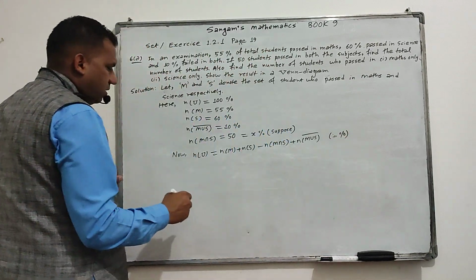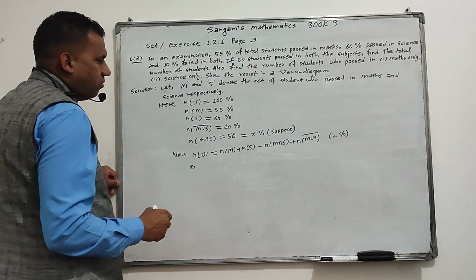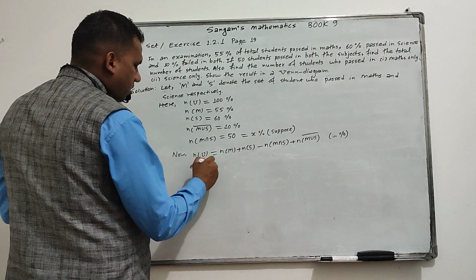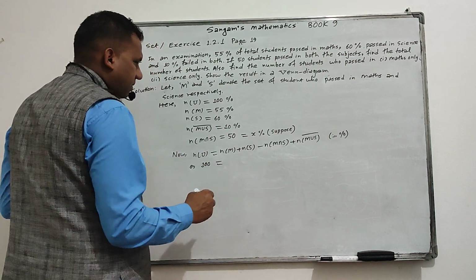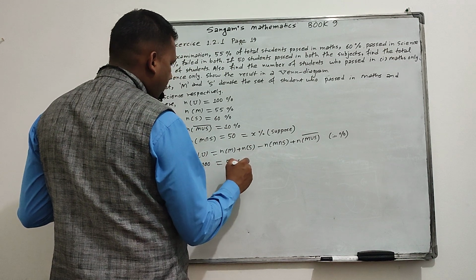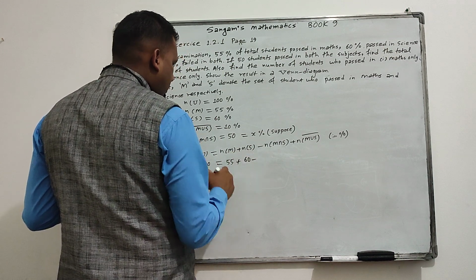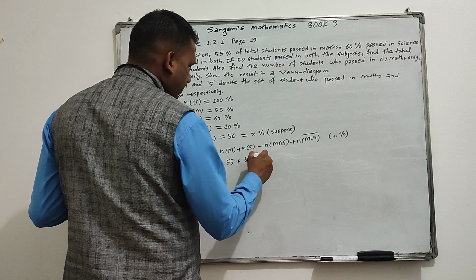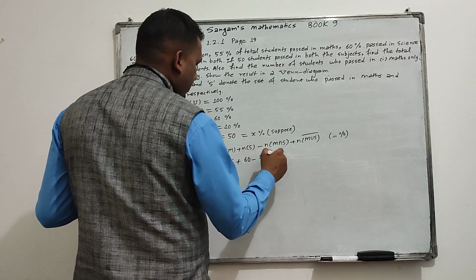Now putting the values in percentage, number of U 100, number of M 55, number of S 60, intersection we suppose X, complement data is 10%.